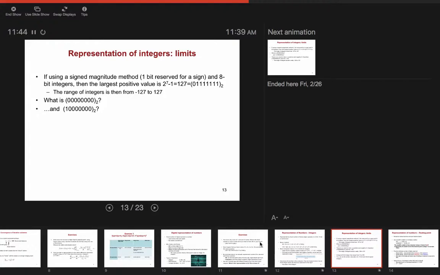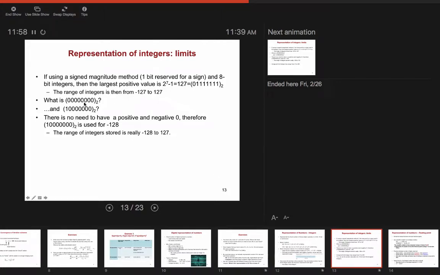Well, bad design. So in order not to waste one of those, it is simply mapped to minus 128. So if I ask to store minus 128, it's going to be stored like this by agreement. It's programmed into these standards.